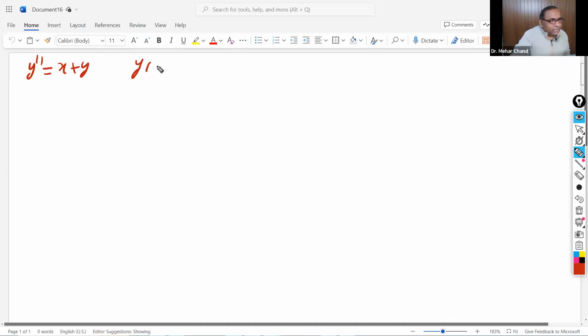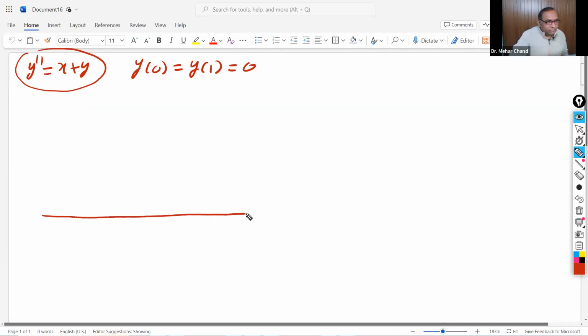and y0 is equal to y1 is equal to 0. So to find the solution by using finite difference, see, if you draw the graph, here is x0, x equal to 0, and here is x equal to 1.